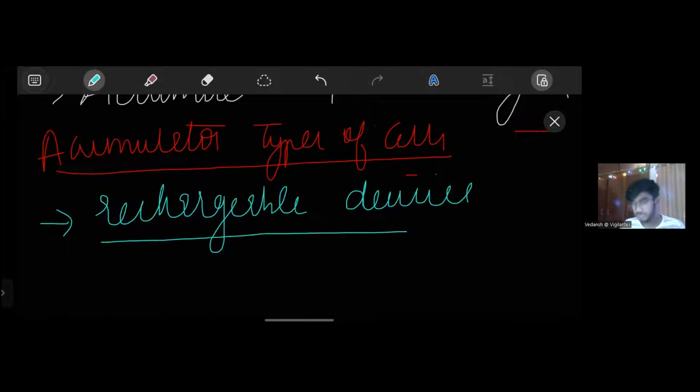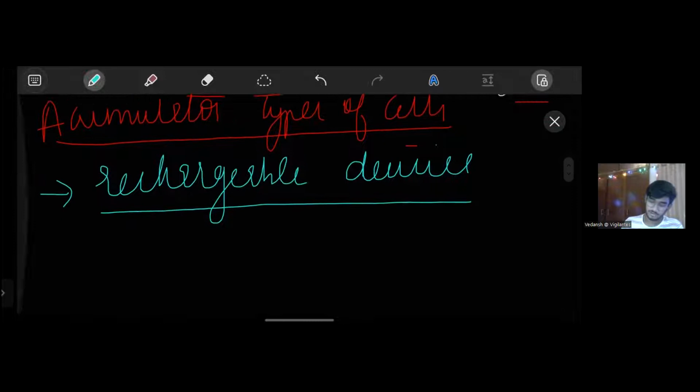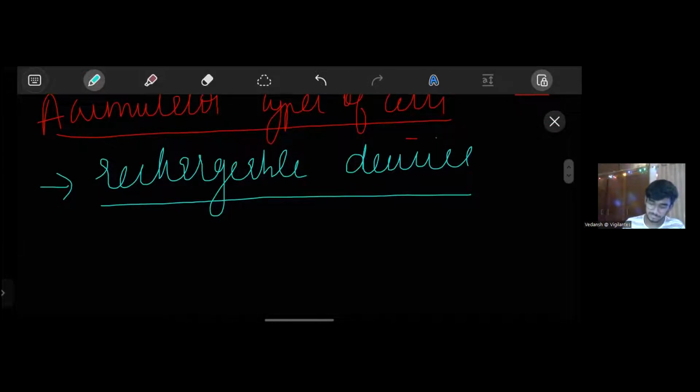In these rechargeable devices, such as the table lamp which I'm using, the laptop or the desktop I'm using, the writing board or my phone, the inverter of my AC, all of these are types of rechargeable devices. So they make use of accumulator types of cells.